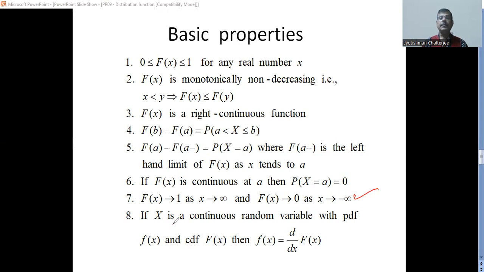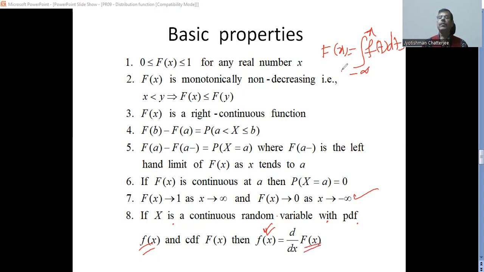When X is a continuous random variable with PDF f_X, we know they are related by this formula. We know that already. Now, in that case, small f_X can also be found this way, as the derivative of capital F_X.